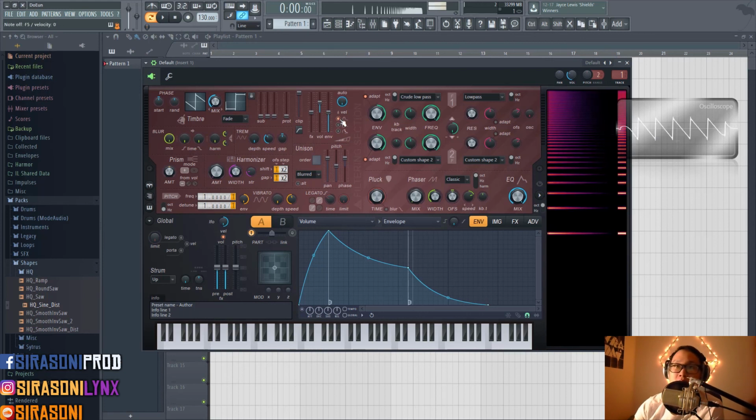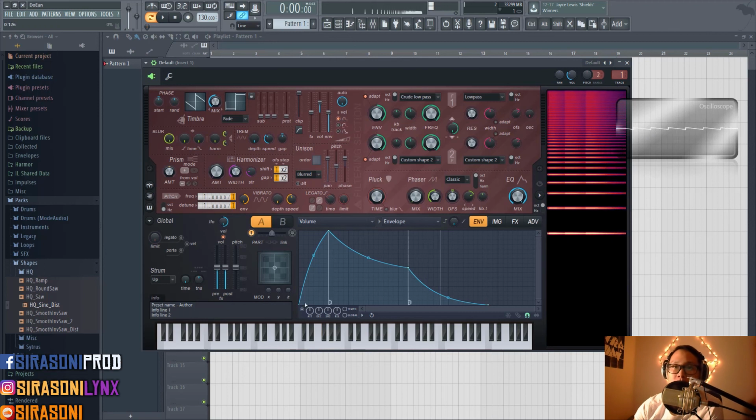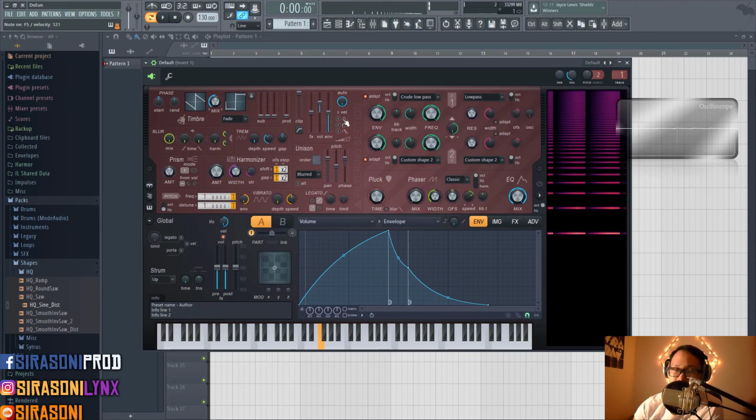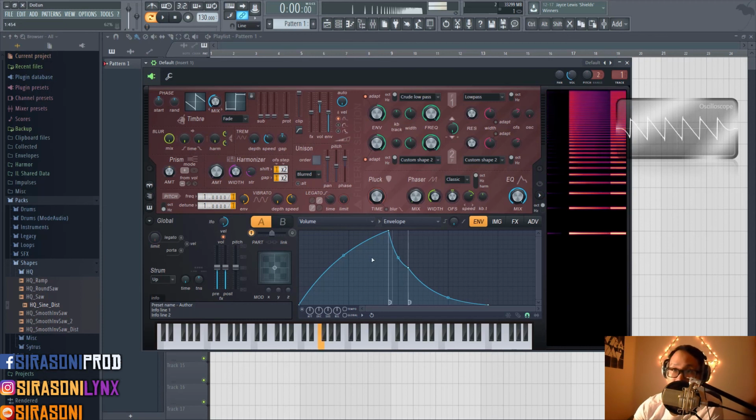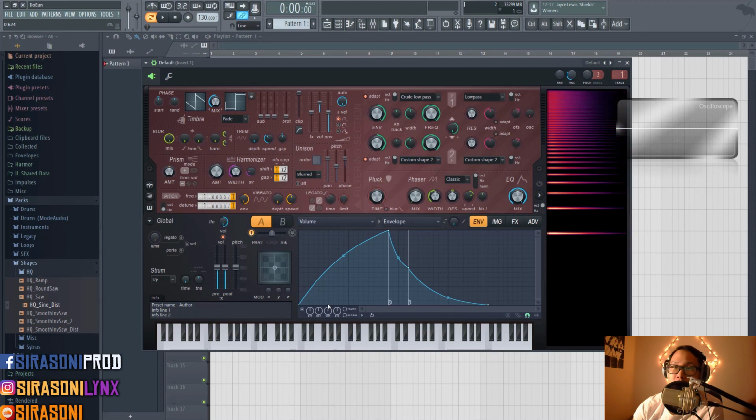Basically what this does is, the harder my velocity is, if I have this off, see how the attack is going up? No matter how hard I press it, this is really hard right now, this is really soft right now, and it always comes out as a constant thing, right? But if I have this on, it jumps. Versus the second one, it doesn't jump.